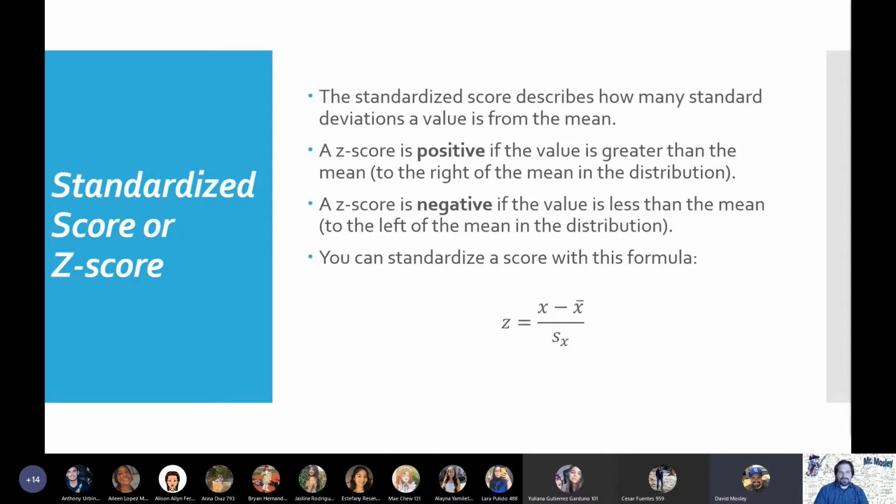Where these all have things that they actually are. Z is the name of the standardized score. X is the observation.